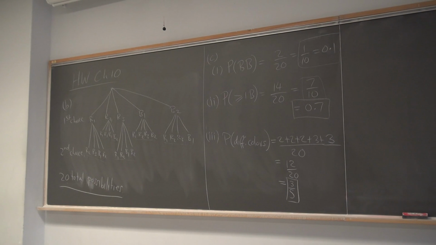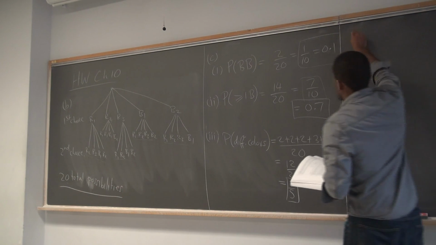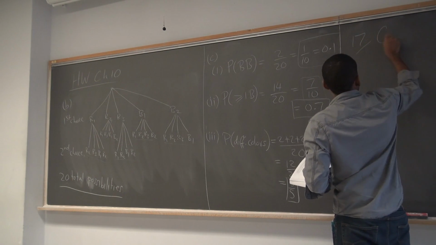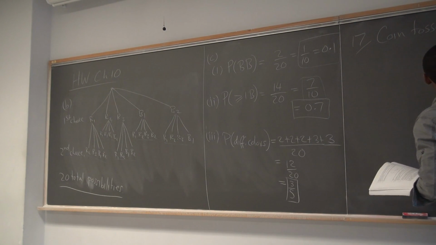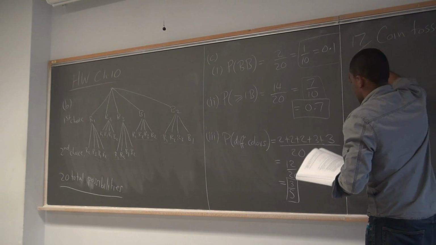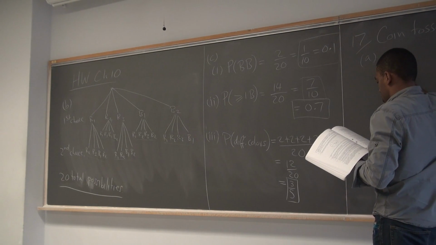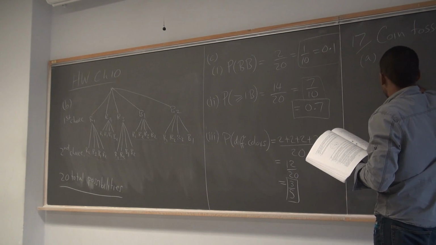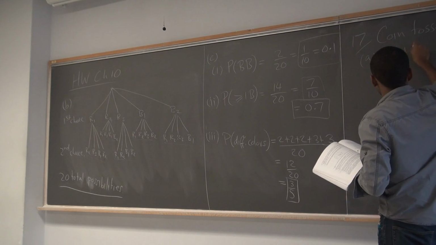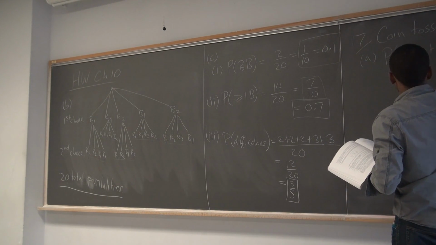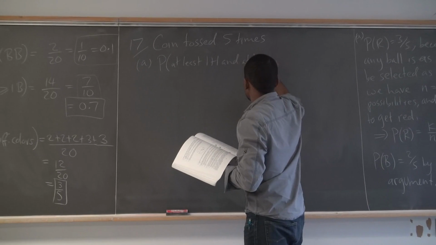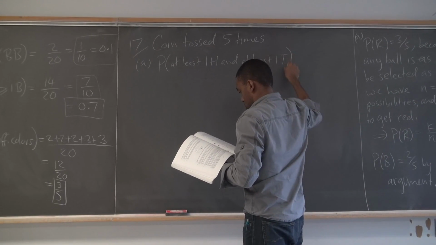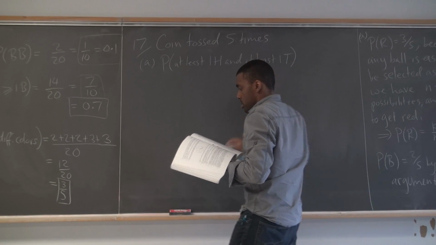A coin is tossed 5 times in succession. A, probability of at least one head and at least one tail will appear.